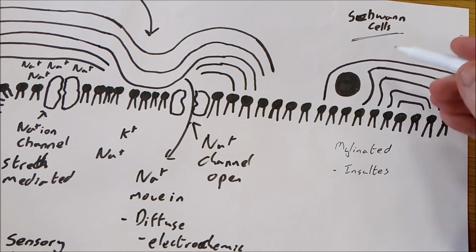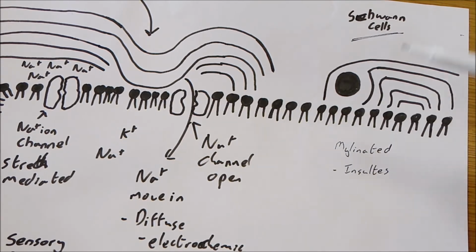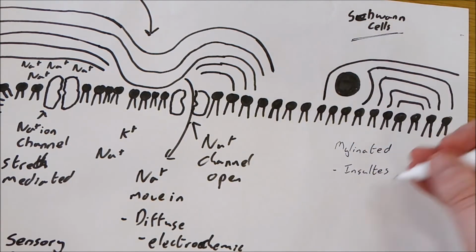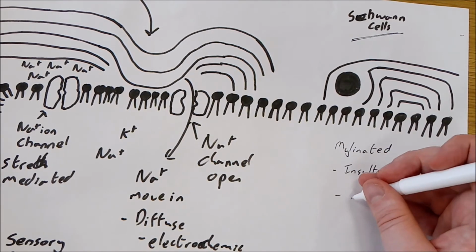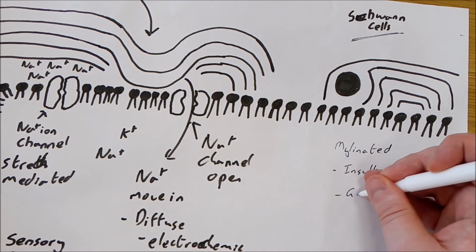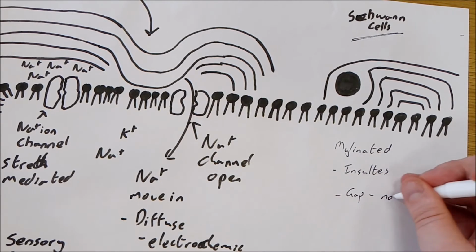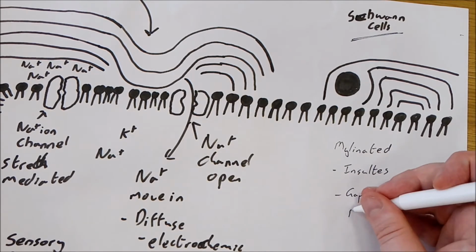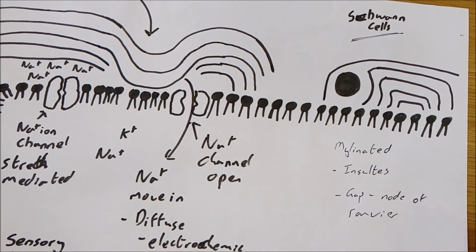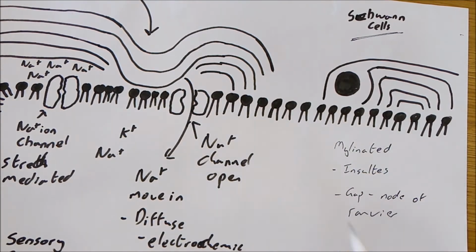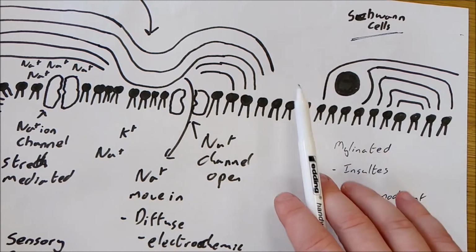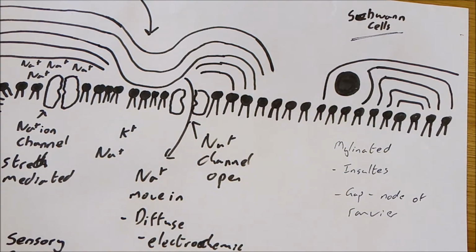The Schwann cells curl around the neuron as it's developing, and that insulates it. The gaps between two Schwann cells are called the nodes of Ranvier, right? So a gap is a node of Ranvier. And when we look at the propagation of action potentials, the action potential jumps from one node of Ranvier to the next node of Ranvier.